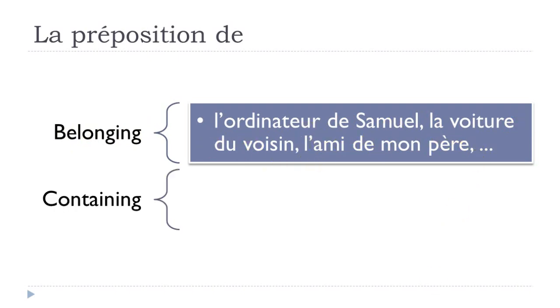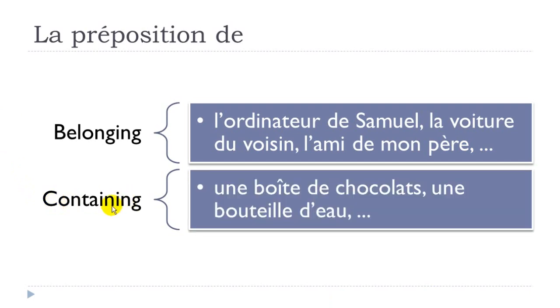Okay, so let's see now another use of la préposition de when you want to introduce this containing concept. Like here, for instance, une boîte, a box, de chocolat. Okay, so inside the box you've got chocolates, une boîte de chocolat. So the use of de in that case is quite clear. It's just because les chocolats sont contenus dans la boîte. Une bouteille d'eau.